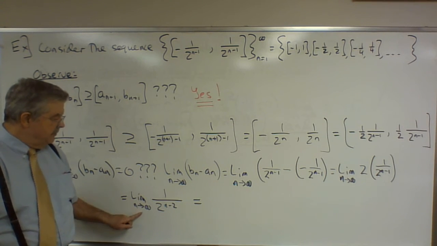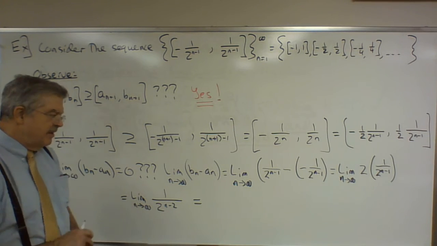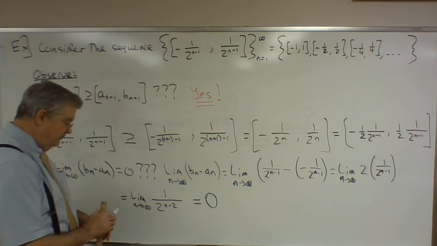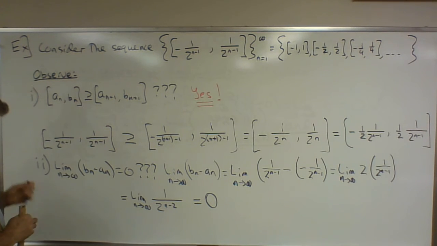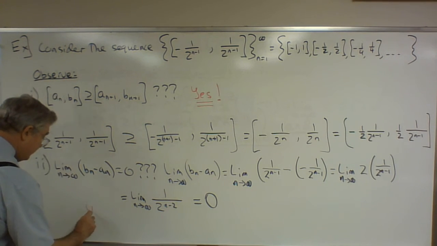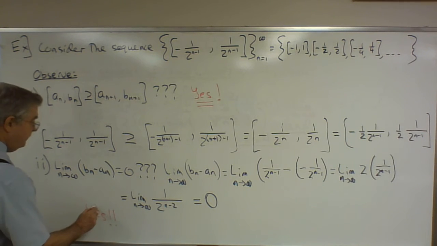Okay, as n goes to infinity, 2 to the n minus 2 goes to infinity. So the length of the nth subinterval does go to 0. And here we'll answer a resounding yes.